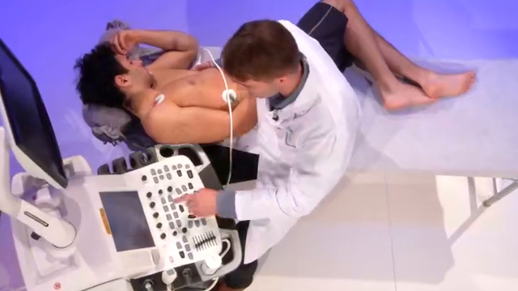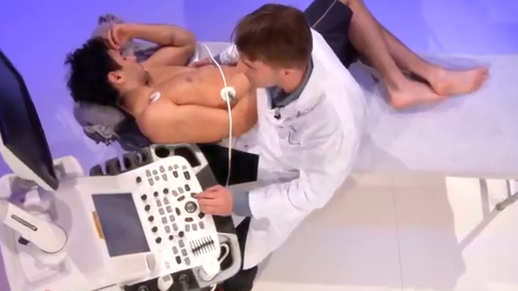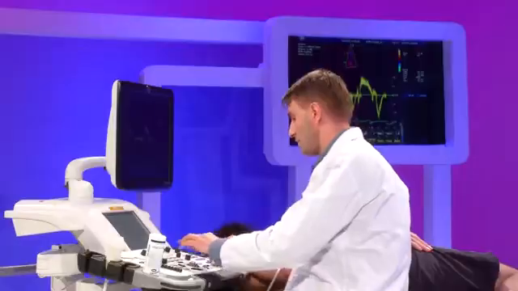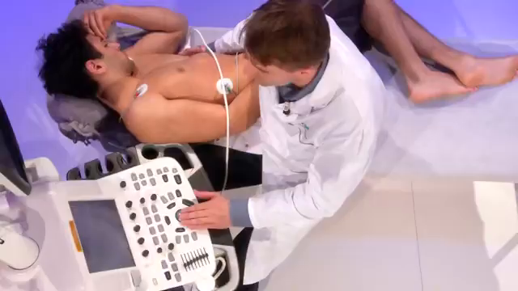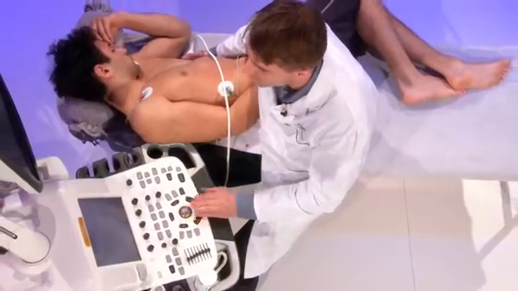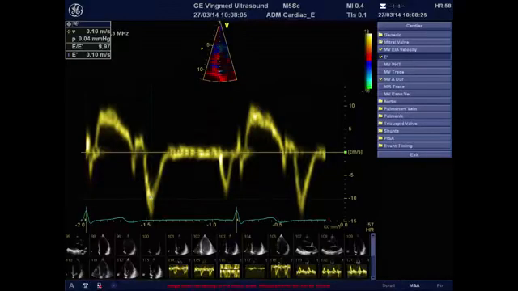If you look at pulsed wave velocities, if you want to make sure you measure your E/E prime, you can do it as well from the small sector angle. And it's important here that you put your sample that you measure in the dense part of the signal, not at the outer parts. So use the dense part of your signal if you want to look for E/E prime. In this case, E/E prime is 9.9.